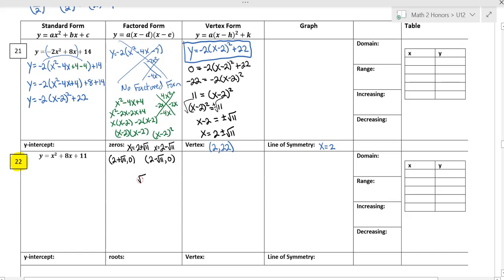And the square root of 11 is between the square root of 9 and the square root of 16. Square root of 9 is 3, square root of 16 is 4, so square root of 11 is 3 point something. And it's going to be closer to 3 than it will be 4, right? So it'll be 3 point something.